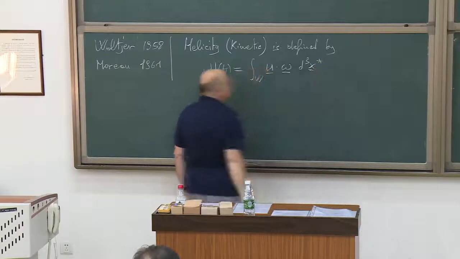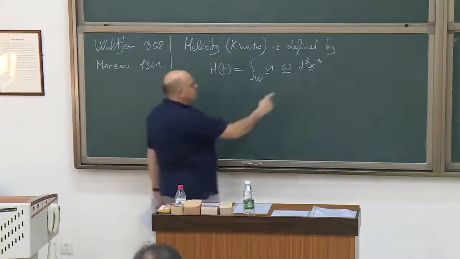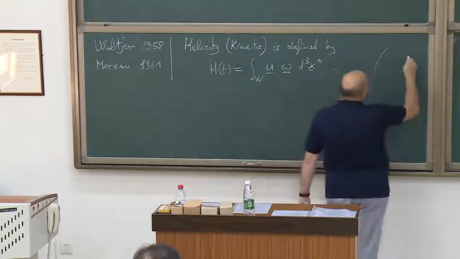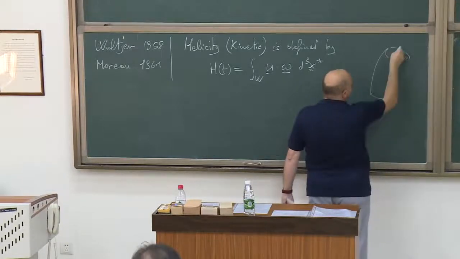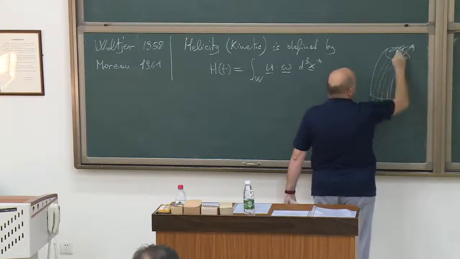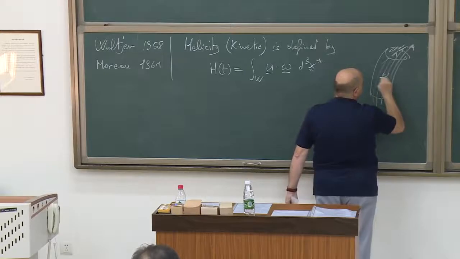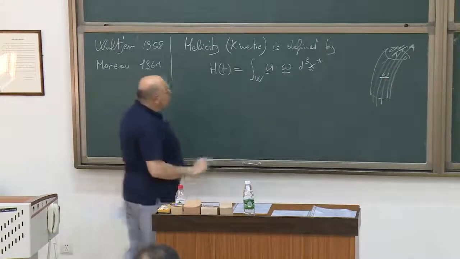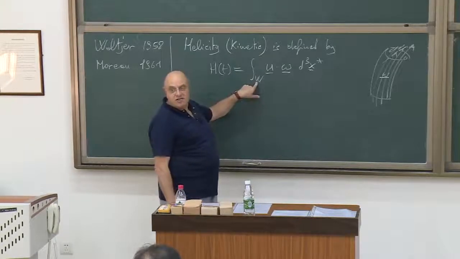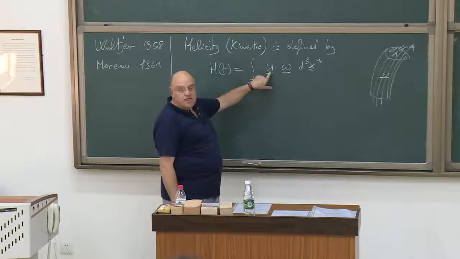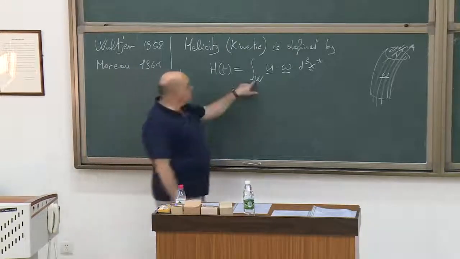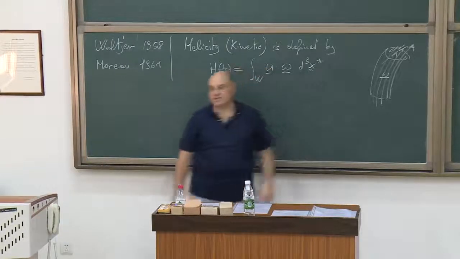I will put a star just to remind us that this x is a point in W. For simplicity, think of a vortex tube, an infinitely long vortex tube, where these lines denote vector lines of vorticity. So remember, the integral is on the vorticity domain, because u is associated with vorticity because of the Biot-Savart law, but this domain is not outside, it's inside the tube.